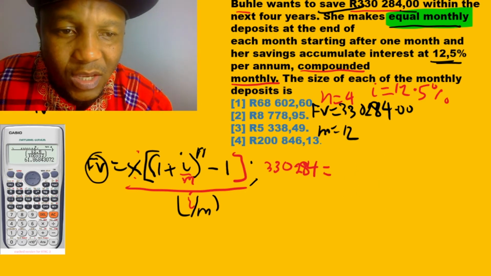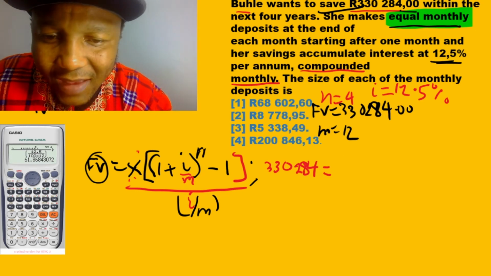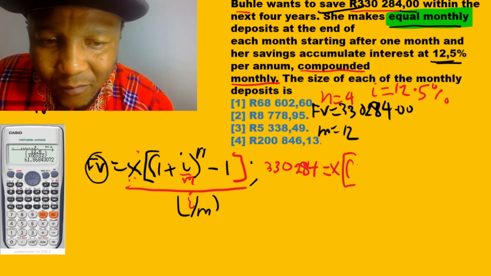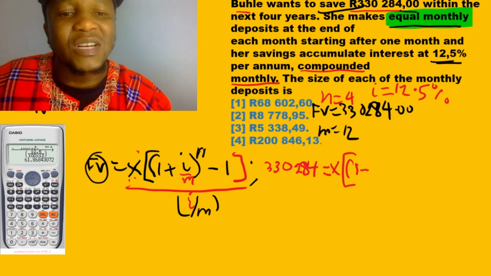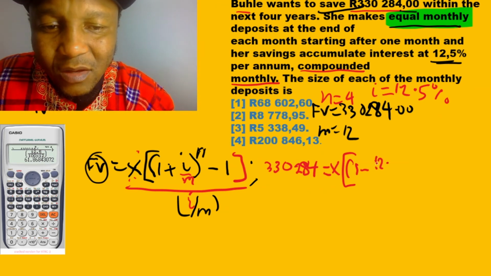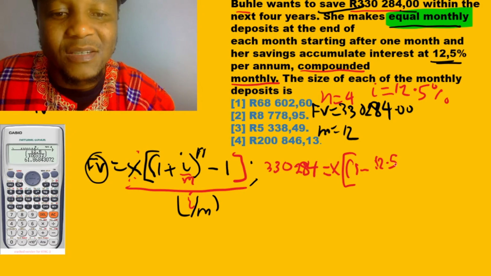So here you say X, because X we don't know. Bracket 1 plus the interest rate. Our interest rate we have is 12.5%.